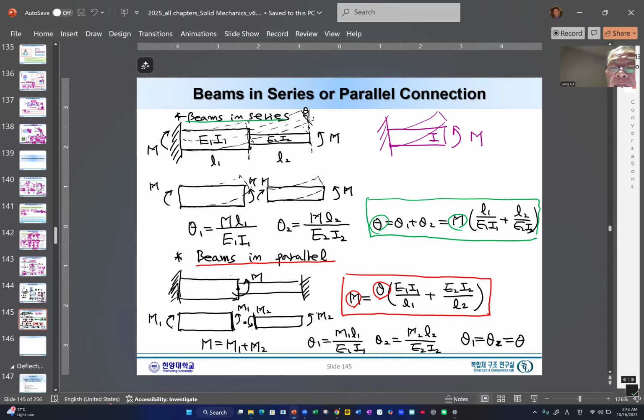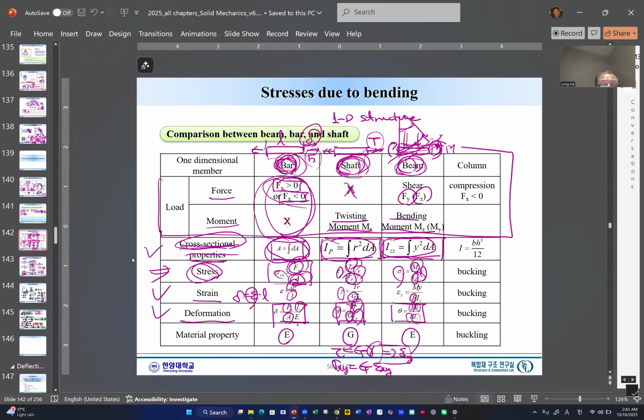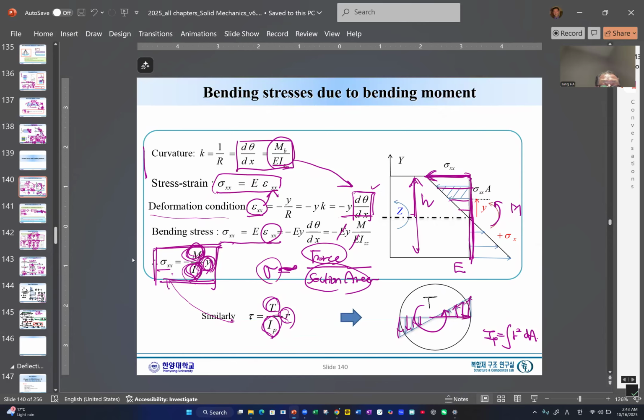This is the angle, right? This is what we learned. Actually, this theta is the same as this rotation. This is theta, this is theta, and this is theta. This is very important. I should have emphasized that one in the previous part. Okay, I'm going to go back here.